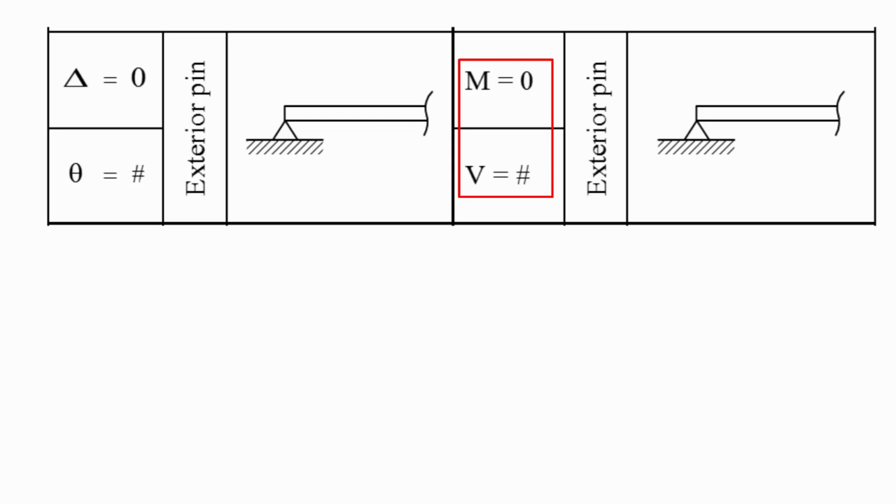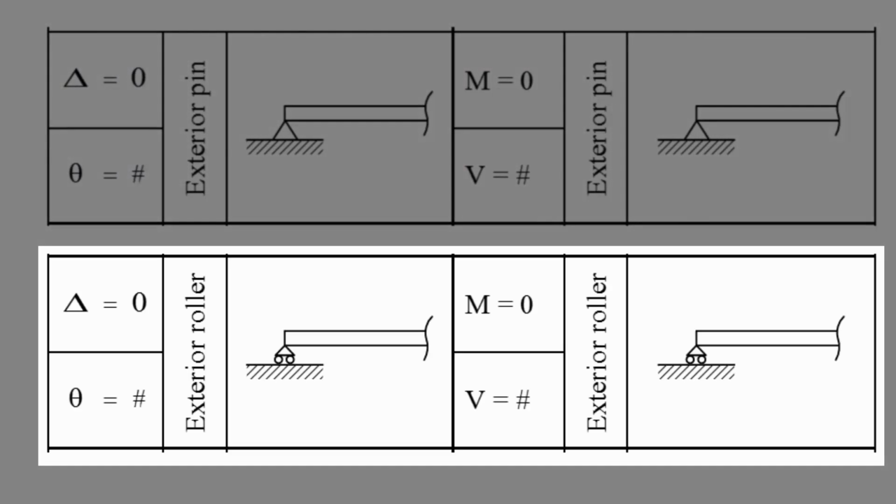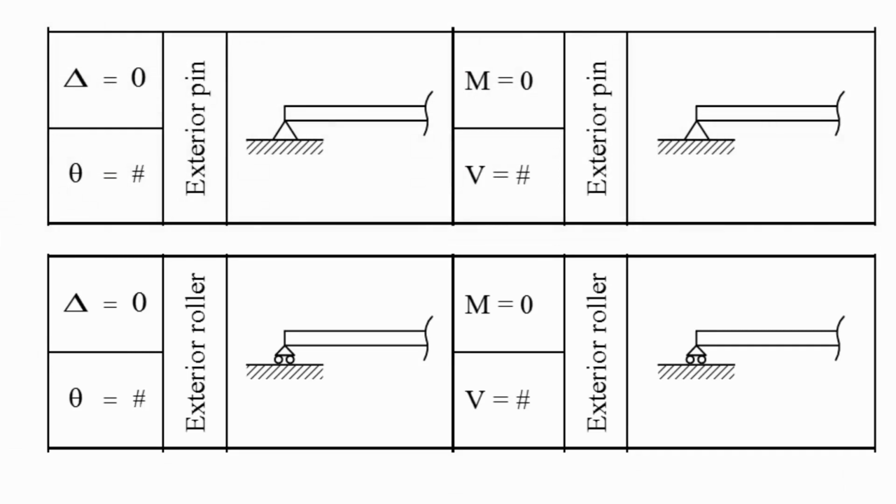I need a condition on the conjugate beam where the deflection is 0 and theta, or the rotation, has a value. It turns out that the exterior pin on the real beam should be an exterior pin on the conjugate beam, and the same thing goes for the roller support.